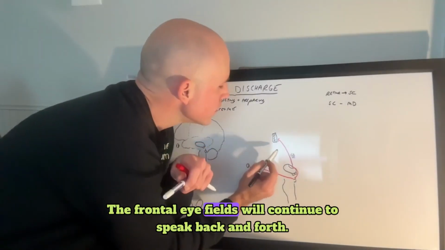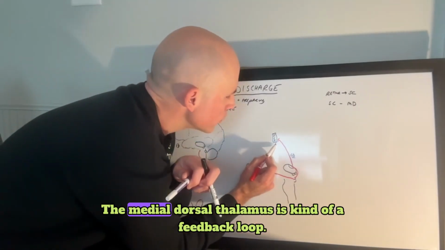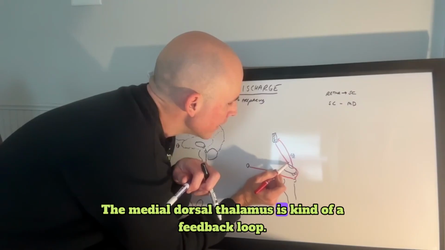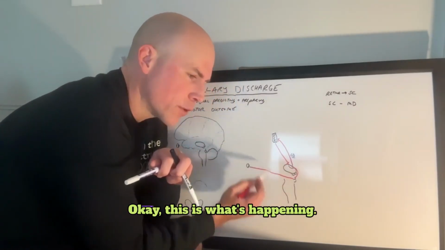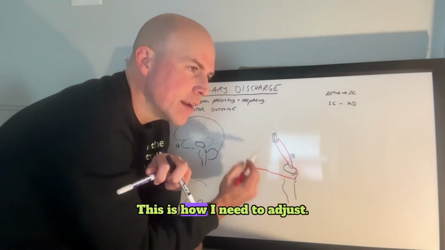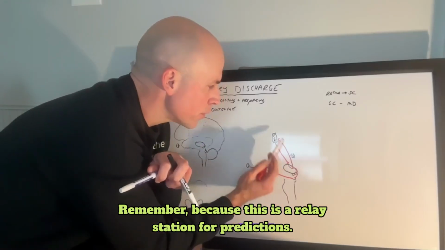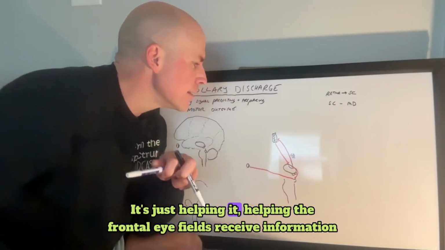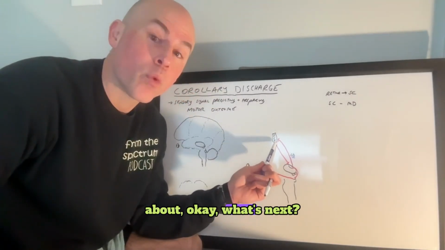The frontal eye fields will continue to speak back and forth to the medial dorsal thalamus. It's kind of a feedback loop. It's giving it updates. Okay, this is what's happening. This is how I need to adjust. Remember, this is a relay station for predictions. It's just helping the frontal eye fields receive information about, okay, what's next?